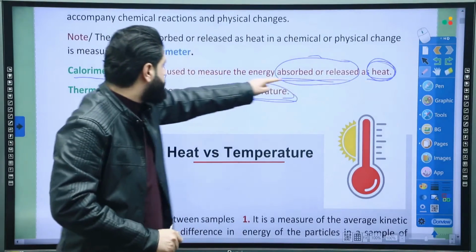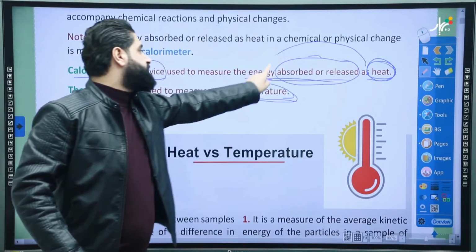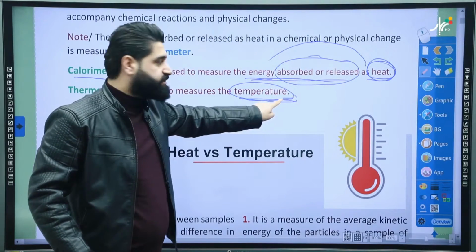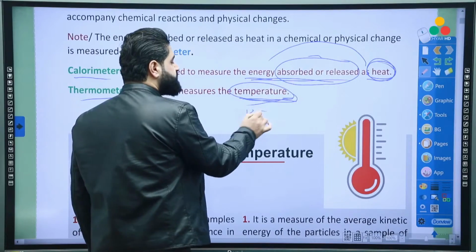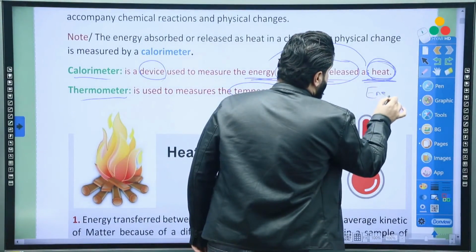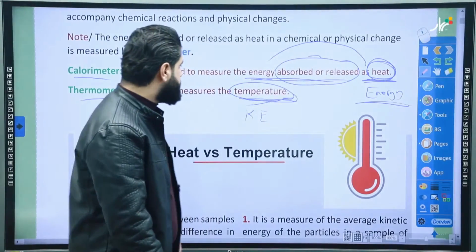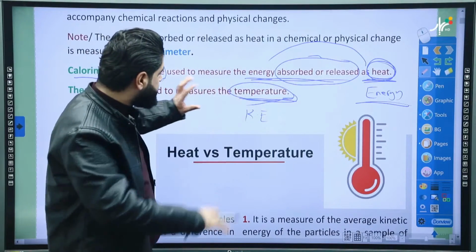Heat is a form of energy, but temperature is the average kinetic energy. Temperature relates to kinetic energy, but heat is energy. So they are totally different from each other.